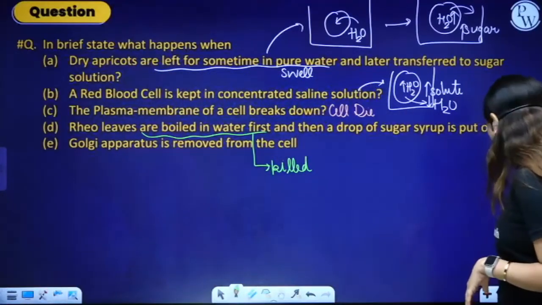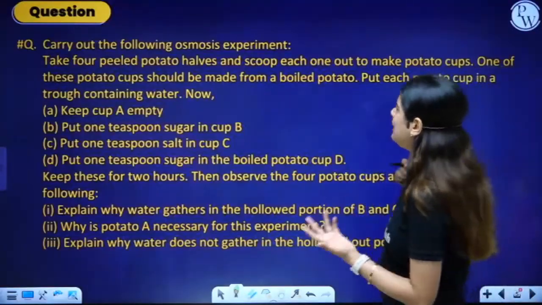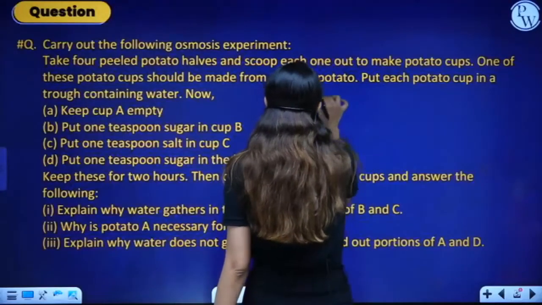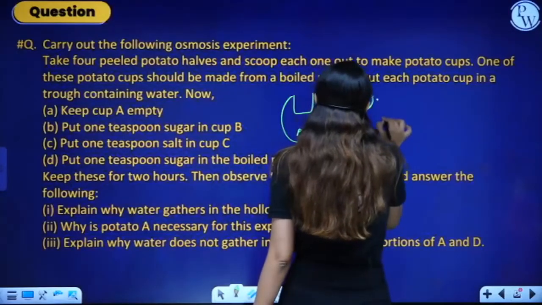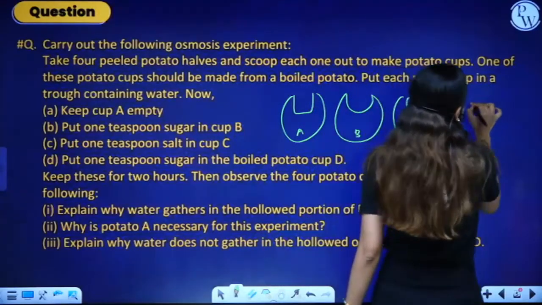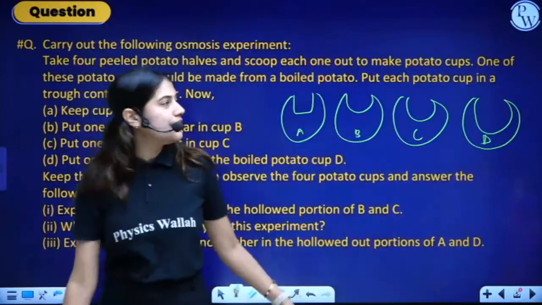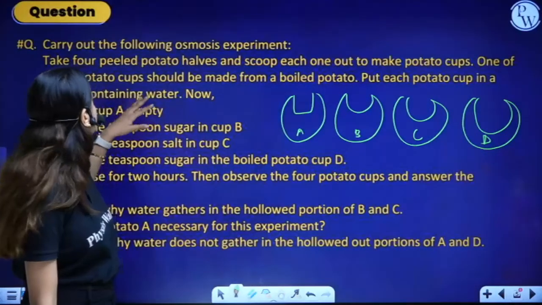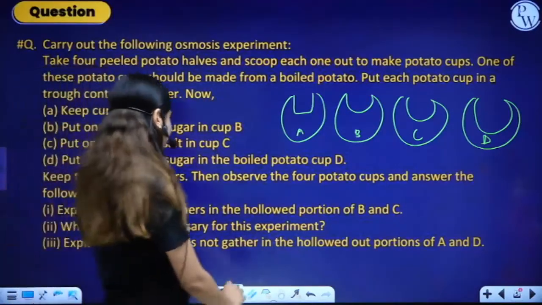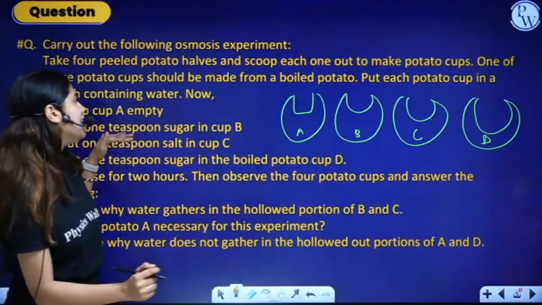The next one was this, where they have taken the 4 potatoes, A, B, C, D, and they are doing something with it, right? They have taken boiled potatoes, and what they are doing, in the cup A they are keeping it as empty, in the cup B they are adding sugar.